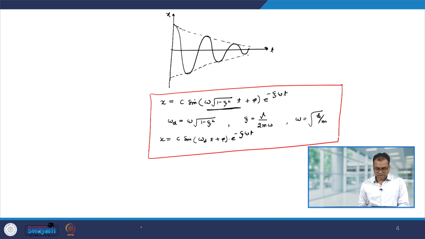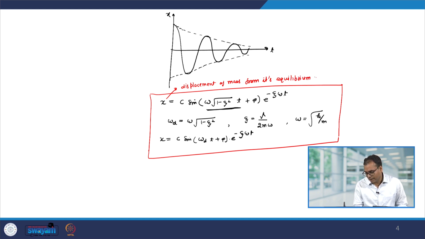Okay. So, just let me write down x is the displacement of the mass from its equilibrium position. Omega d is the damped natural frequency.